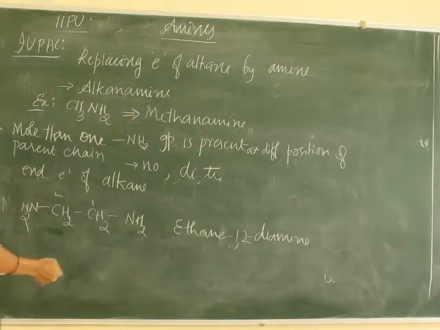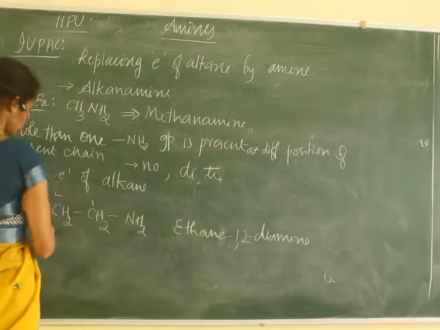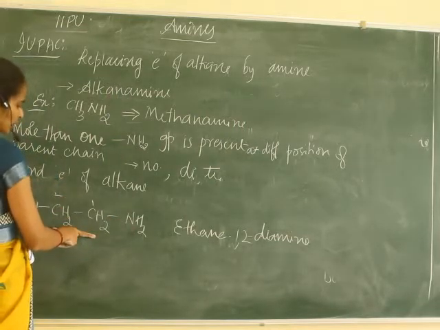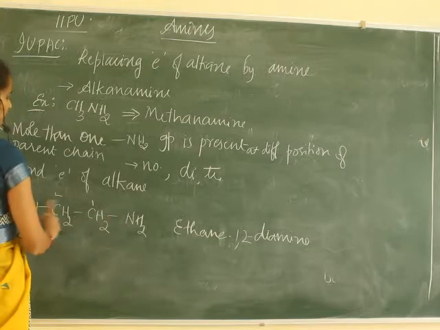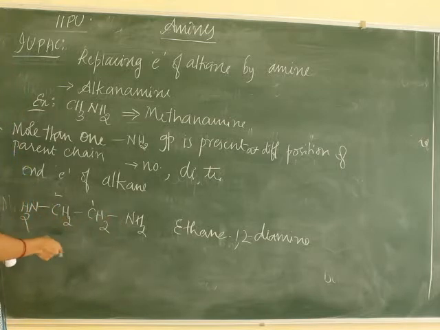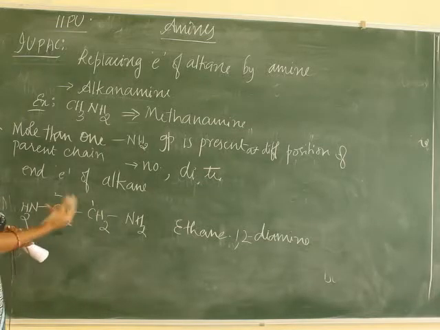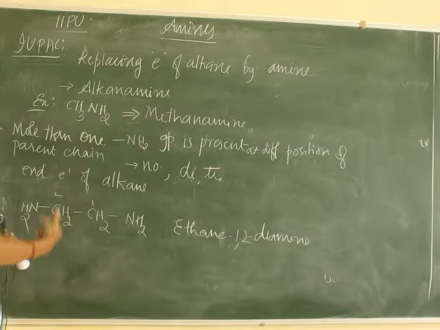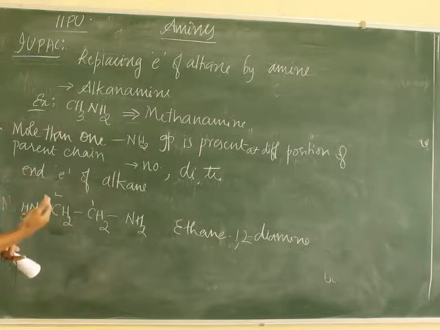So in the parent chain, if 2 amine groups are present, we have to consider the parent chain and number it in such a way that the amines get the least number. Positions are represented by numbers, and the number of amine groups is represented by multiplicative prefixes, that is di, tri, etc. Right?